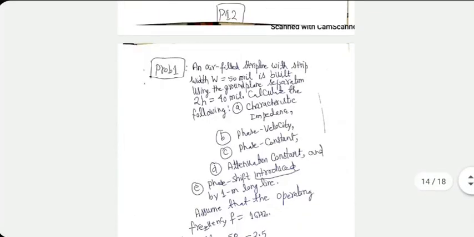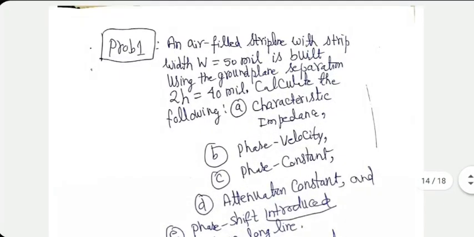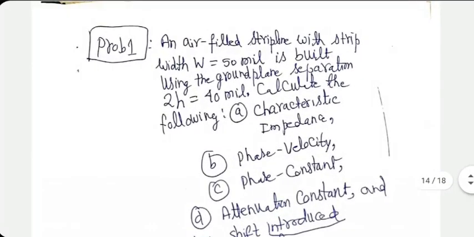Now, numerical problems. An air-filled strip line, hypothetical case. An air-filled strip line is not that easy to make, but suppose it is possible. With strip width W equal to 50 mil, it is built using the ground plane separation 2H equal to 40 mil. Calculate the following. It is an analysis problem.